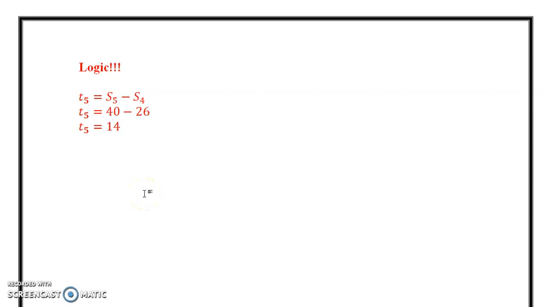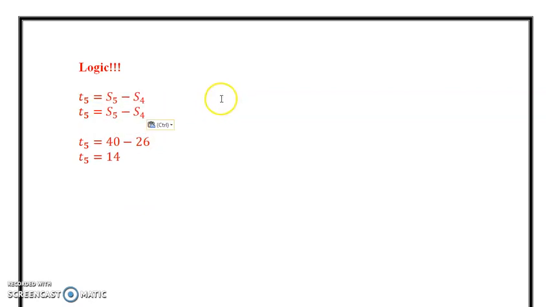If the sum of the first 4 terms is 26, and the sum of the first 5 terms is 40, then the only difference between the 2 is the 5th term. It's equal to 14. So that gives you T5. T5 is 14. And then you can do the same for the next one.